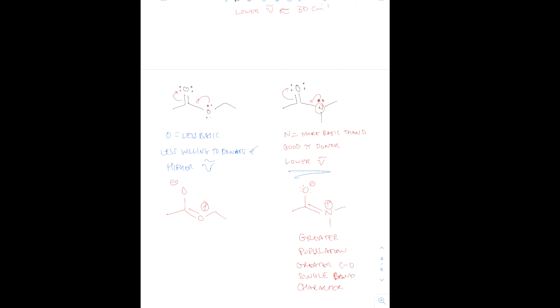Now, another thing we want to take a look at is the ring strain, right? And so when we're looking at ring strain, we want to take a look at basically the size of the ring and see the trend. So here's cyclohexanone, this is cyclopentanone, and this is cyclobutanone. And as we go from left to right, you can see that there is increased ring strain.